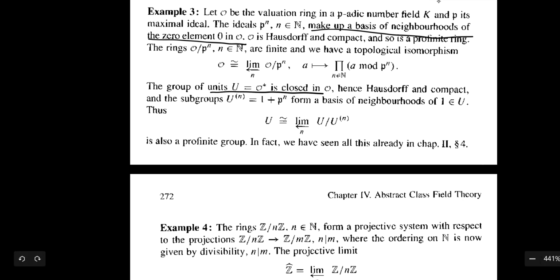The group of units is closed, so it's Hausdorff and compact. A closed subset of a Hausdorff compact space is again compact, and Hausdorff is of course preserved by any subset. These subgroups form a basis of neighborhoods of 1 inside O_K star.